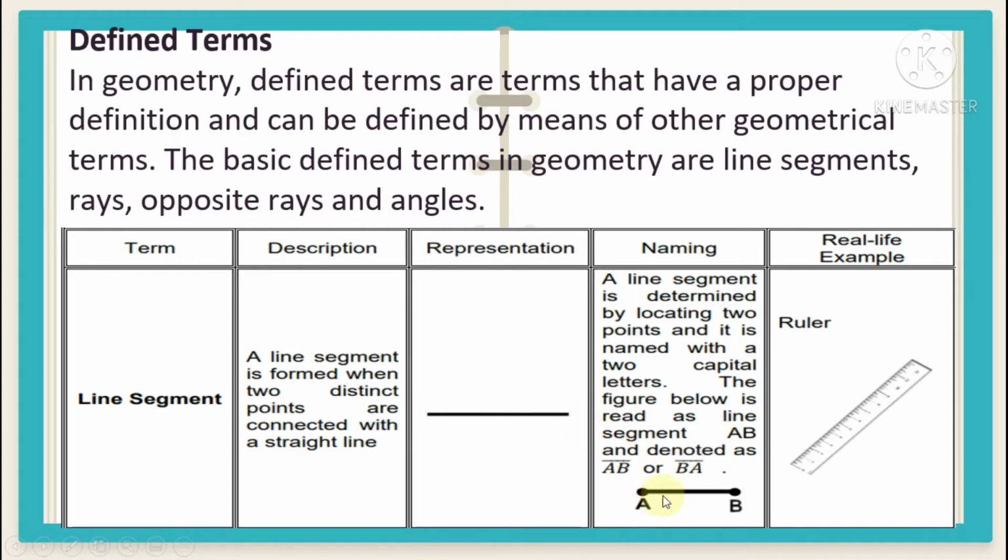A line segment is determined by locating two points and it is named with two capital letters. The figure below is read as line segment AB, denoted as BA or AB. A ruler is also an example in real life of a line segment.